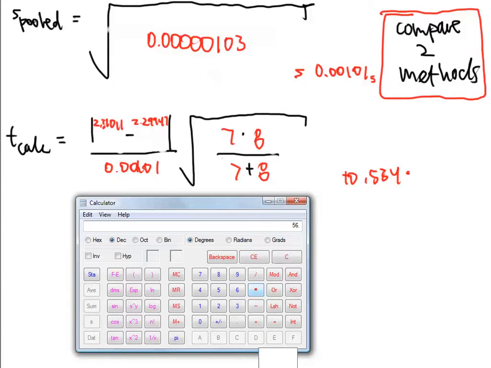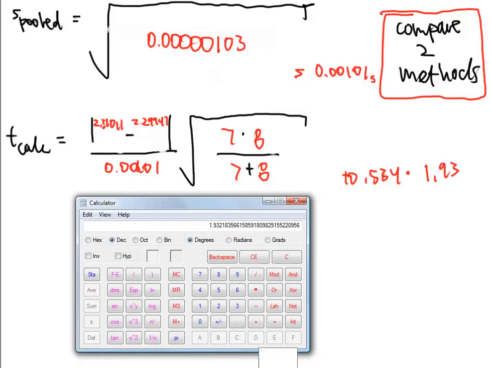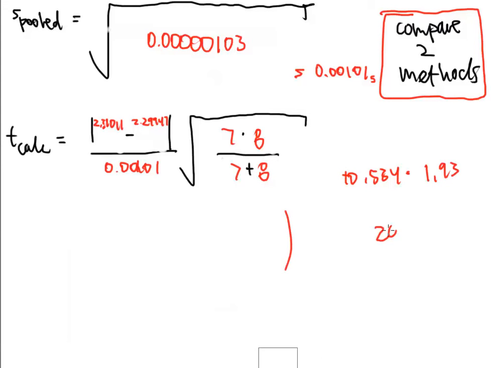Well, 7 plus 8, 15. And I need to take the square root of that answer, which is 1.932. And then I need to take these two numbers and multiply them. So 10.534 multiplied by 1.932, and I get 20.35.